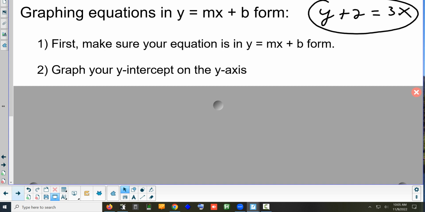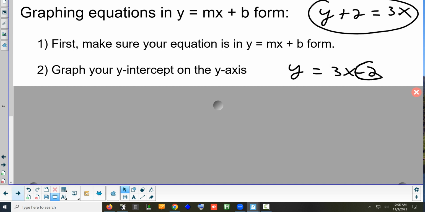Step 2. Once you have it in y equals mx plus b form, let's use the one above. If we did what Abby said, that's what you'd end up with by subtracting 2 on both sides. Now, you're going to be able to see your y-intercept because you have it in the right form.